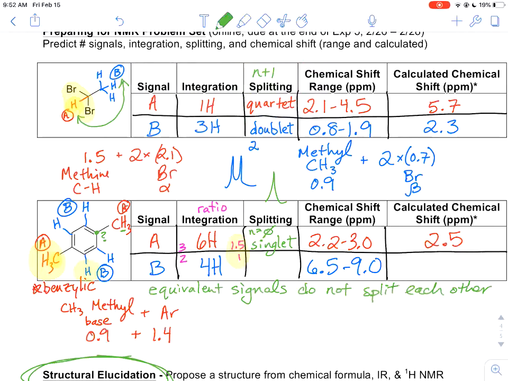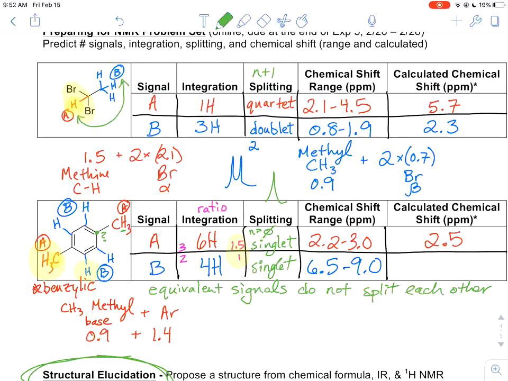So the fact that all the B's are at the same resonance frequency means they don't affect each other. They're all resonating. They're all flipped in the same direction. So there's no splitting here. Once again, we have a singlet for both of these. This is going to be two singlets at very different chemical shifts for this compound, para-xylene.